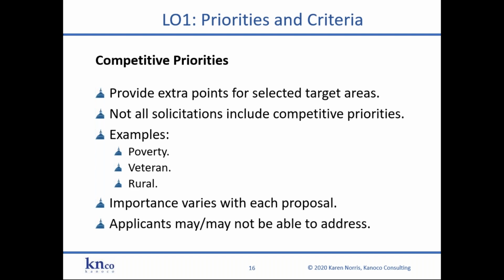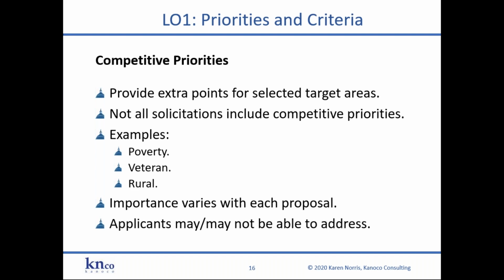So most grants are scored on a 100-point scale. So when you start adding up all the selection criteria, 20 points for this, 30 points for this, 15 points for that, they will add up to 100 points. With competitive priorities, they're going to give you extra points.